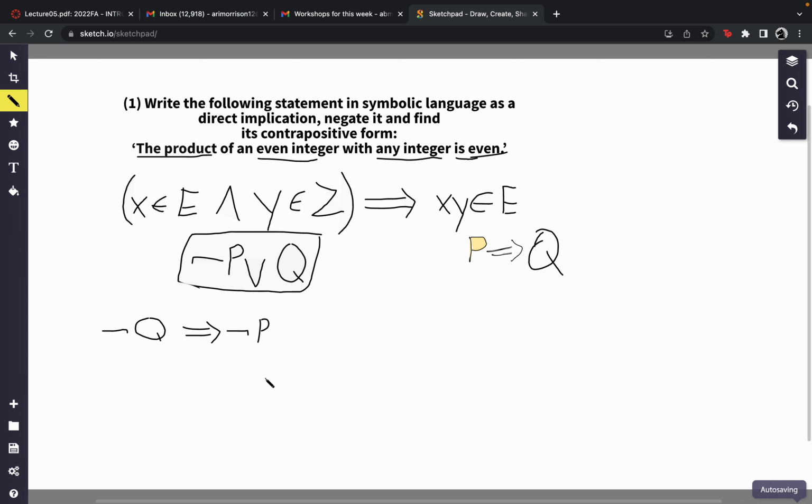So a way of thinking about this in our example is that we said that x being even and y being an integer means that x times y has to be even. Now, an alternative way of saying this, kind of in a backwards form, is that if xy is odd, if it's not even, so that part's not true, that means that at least one of these things has to not be true.